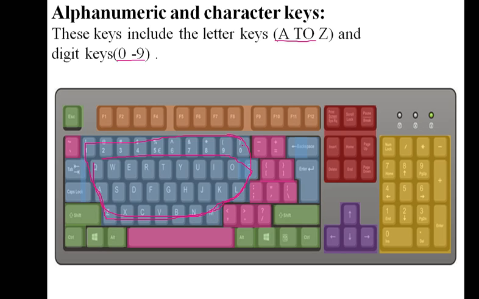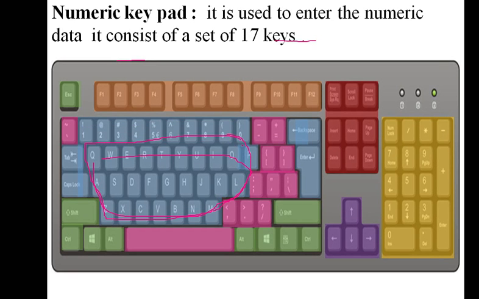Then another type is the numeric keypad. In the numeric keypad we have 17 keys. How many? 17. Where will we get the numeric keypad? This is our numeric keypad, this part.